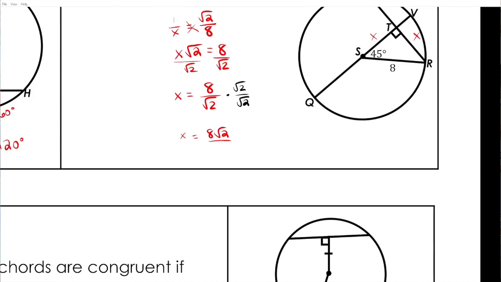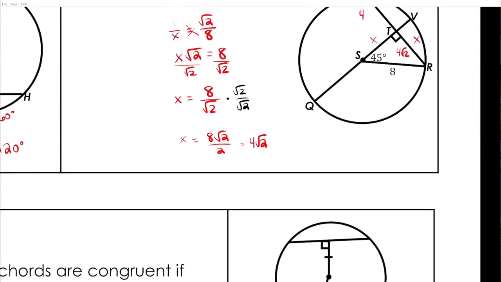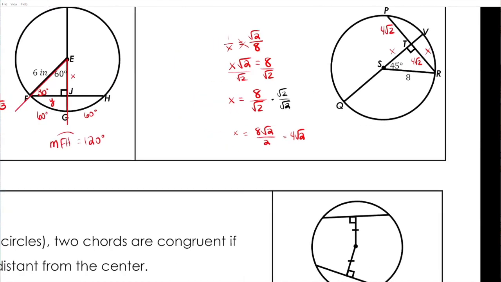Will that reduce to be just 4√2? So we've got 4√2. So the whole length of PR is 8√2. Very good.